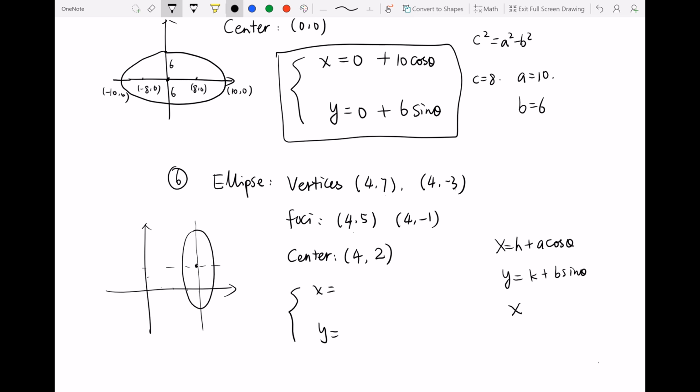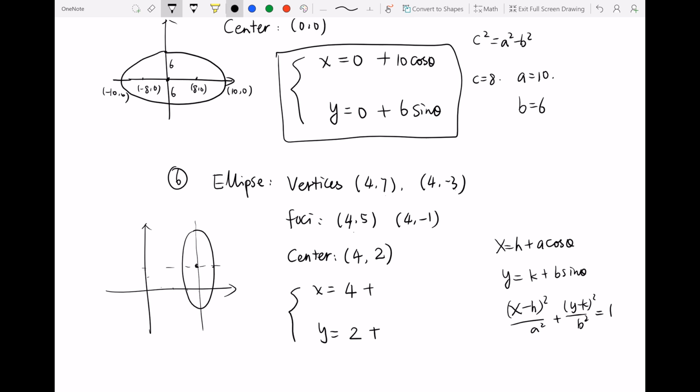And the function is x minus h squared over a squared plus y minus k squared over b squared. So it's very obvious x starts from the center, which is 4, y starts from 2, and x starts from the center here and goes a cosine theta. So what you need to find out is a and b.